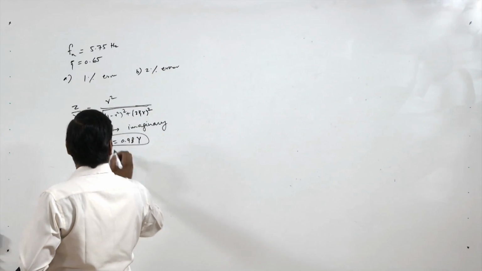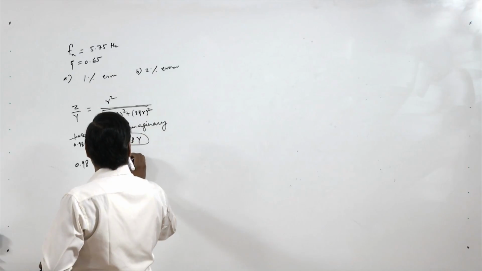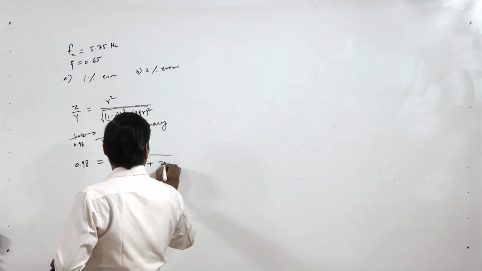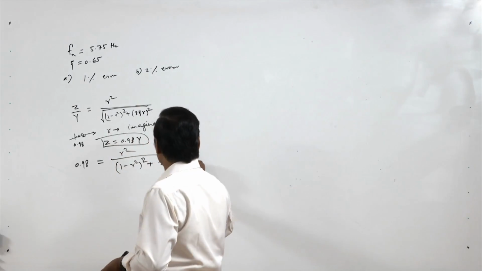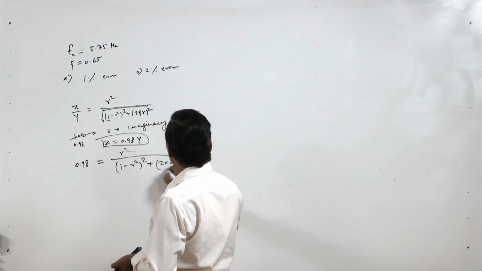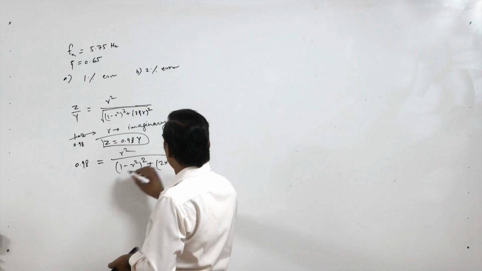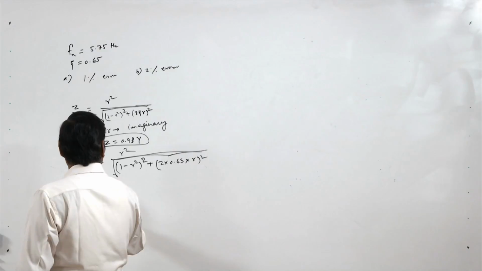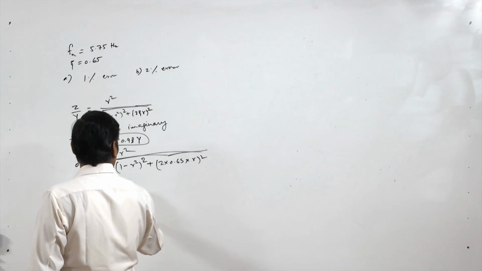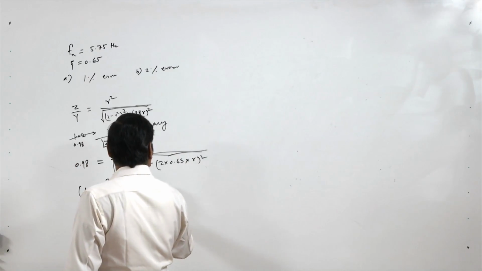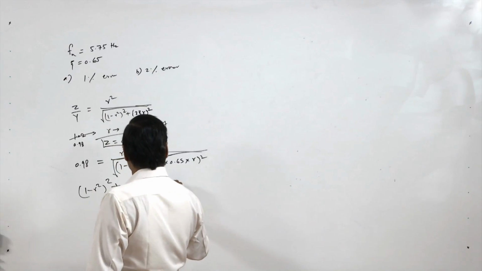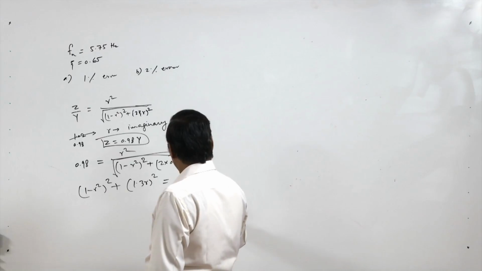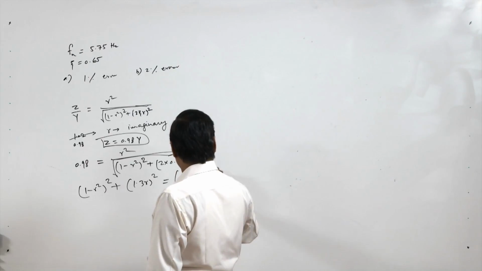So we will use r square upon the square root of (1 minus r square) whole square plus (2 into 0.65 into r) whole square. So (1 minus r square) whole square plus 1.3 r whole square equals r square by 0.98 whole square.